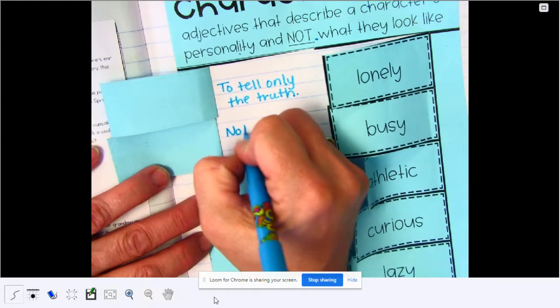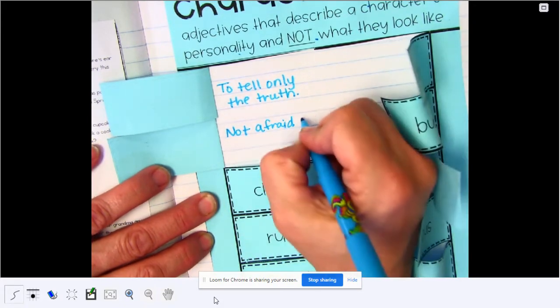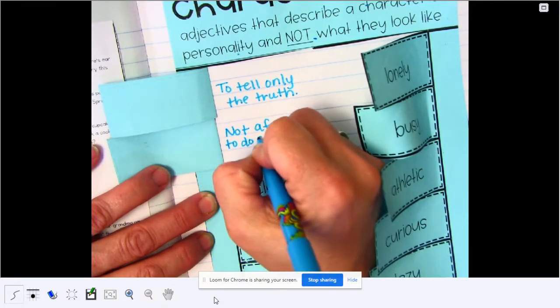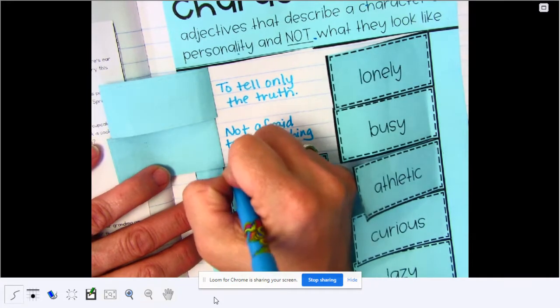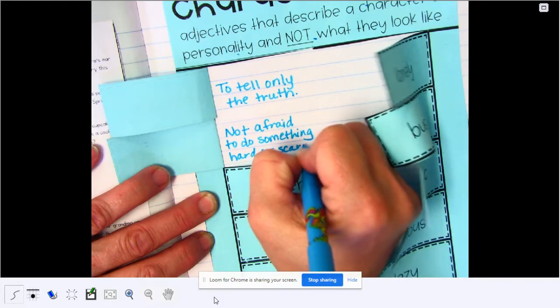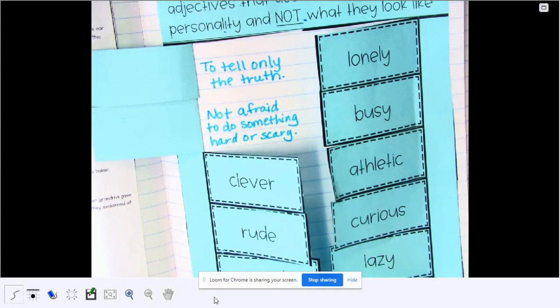Not afraid to do something hard or scary. Now, scary, I mean by, like for me, I feel like I'm brave if I can get rid of a spider, because to me that's scary. And when I'm brave and can take care of it, then I'm very proud of myself.